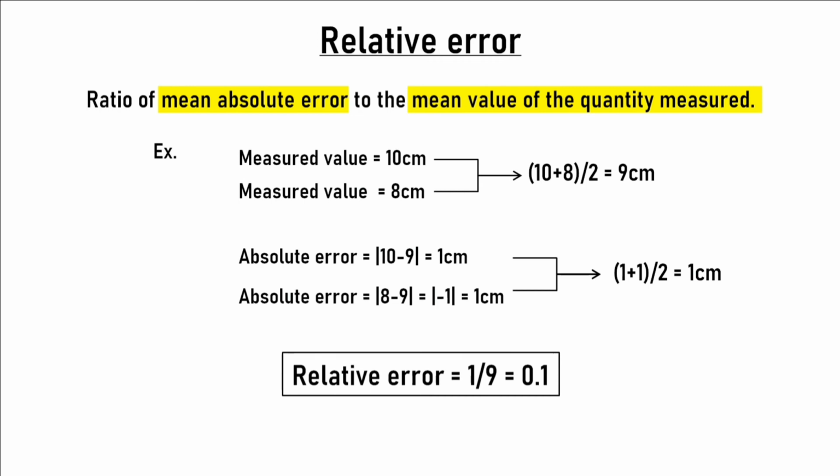By using these two, we get relative error. From the definition, it is the ratio of mean absolute error to the mean value of the quantity measured. So relative error is equal to 1 divided by 9. Here 1 indicates the mean absolute error and 9 indicates the mean value of the quantity measured. That will be equal to 0.1. This is about relative error.